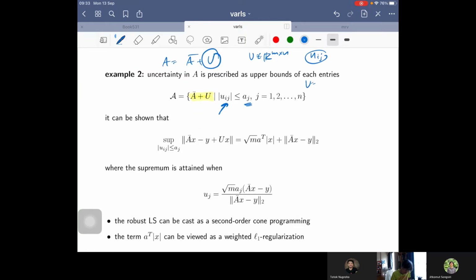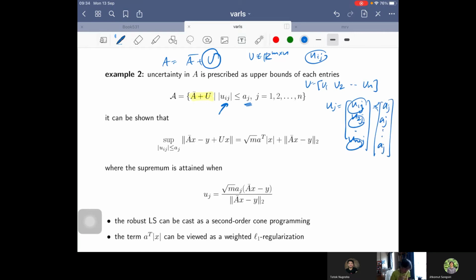My U is going to be u1, u2, up to un, it has n columns, and my j-th column has u1j, u2j, umj. All the entries here are less than a_j, to be precise.